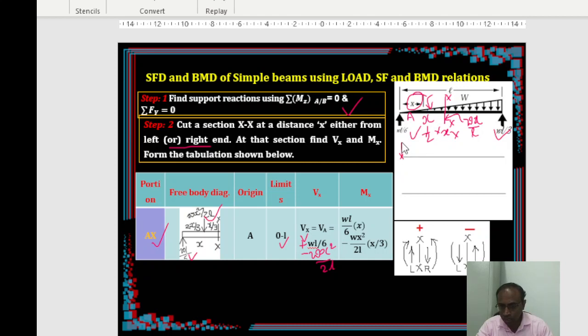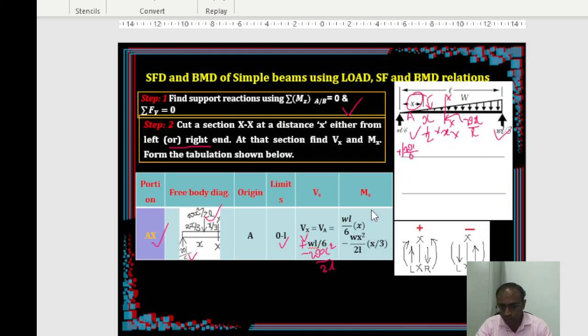This ordinate is plus WL by 6. Of course you will not be able to see, sorry, I will write inside: WL by 6, and this is positive.